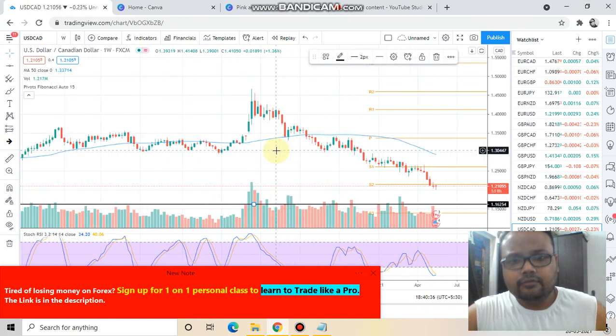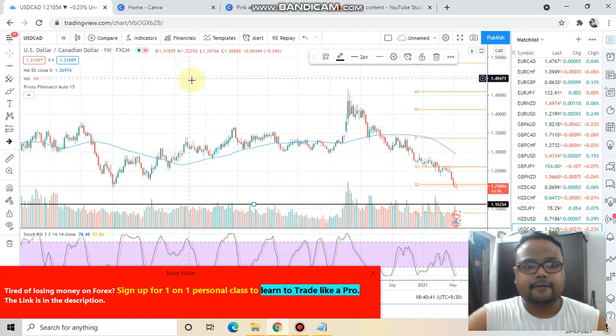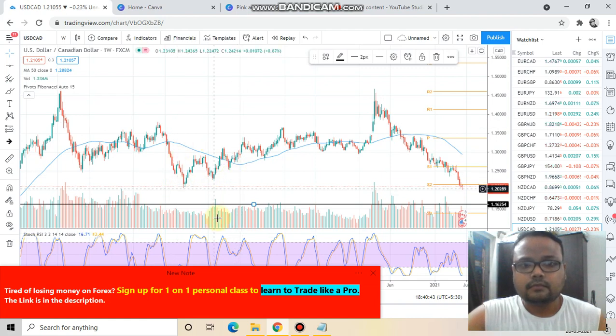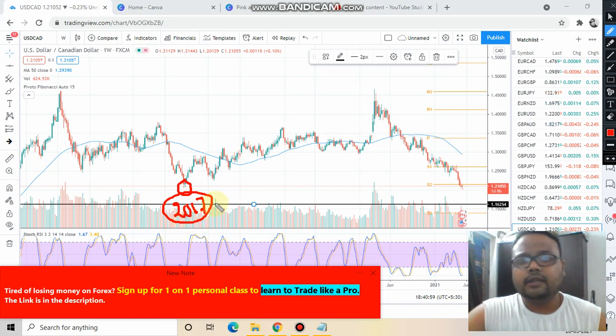But if we zoom out the chart, we can see that there is a support at this price level, and this support belongs to the year 2017. You may be thinking, how can a support from 2017 still be a valid support?